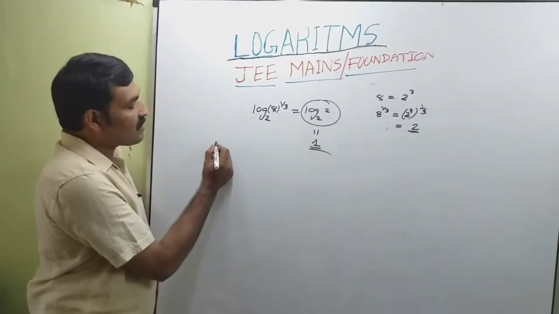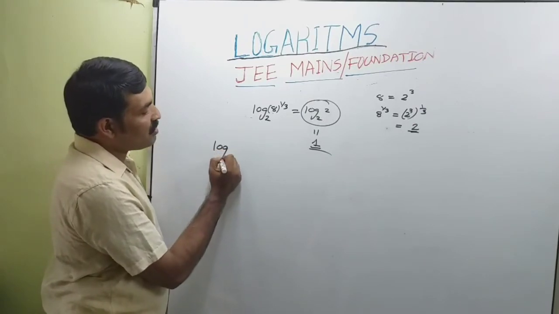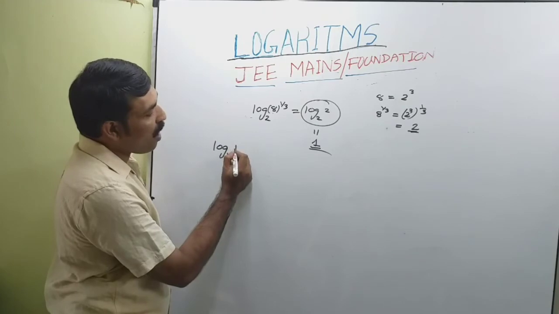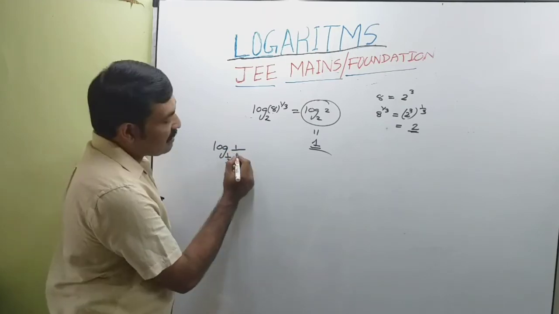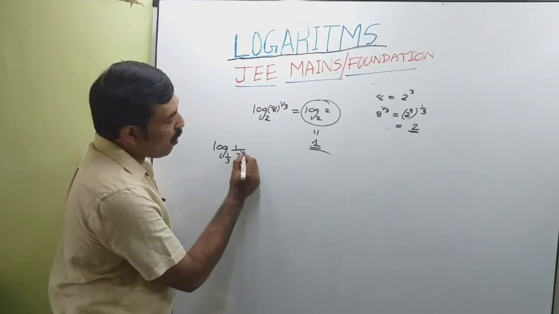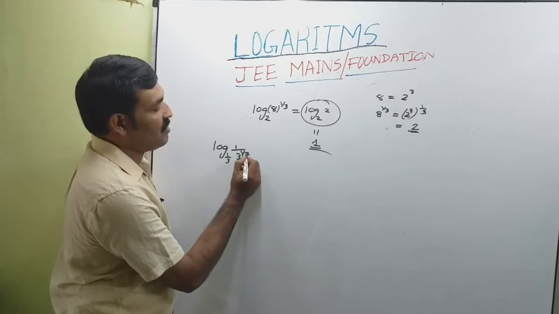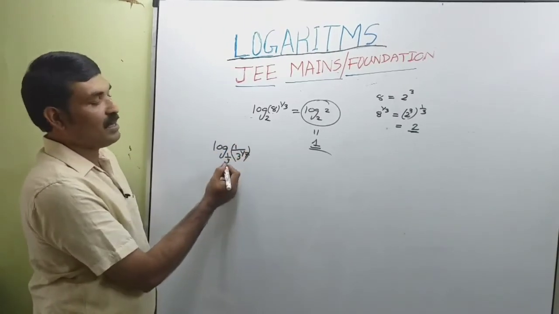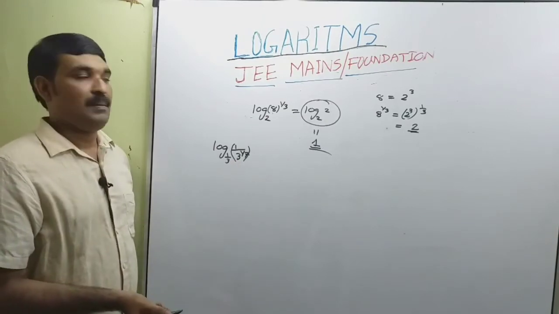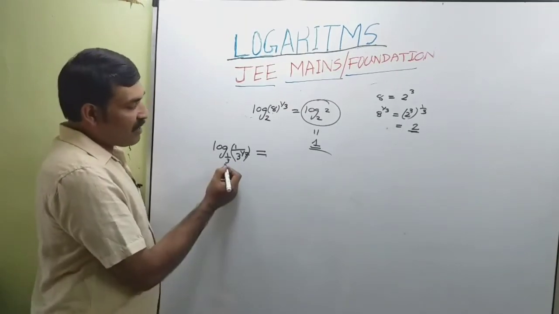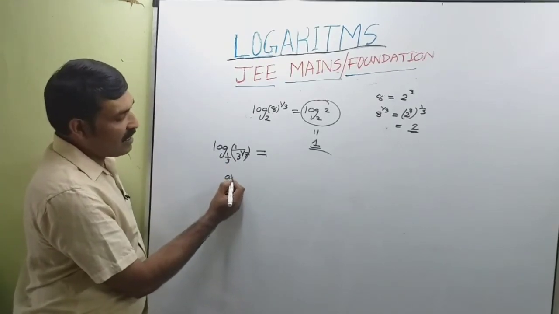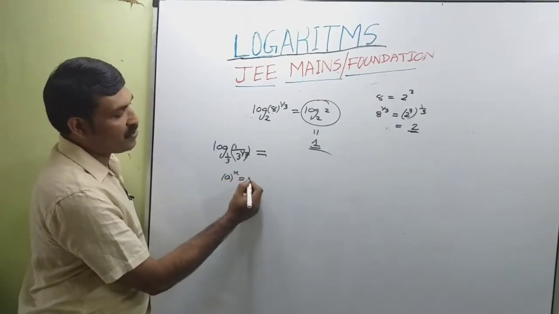Now consider the question: log base 1 by 3 of the number 1 divided by 3 raised to 1 by 7. This is the number and the base is 1 by 3. So we can write base raised to x. Suppose base a raised to x is equal to n.